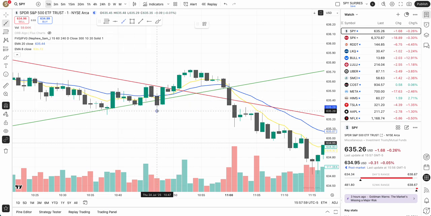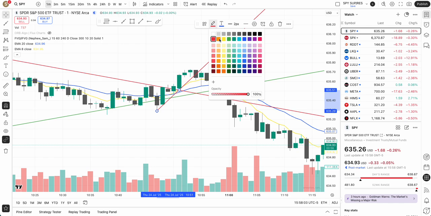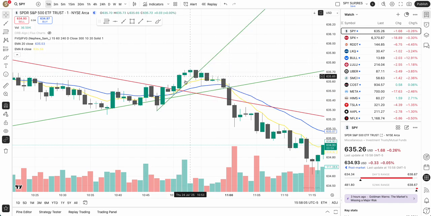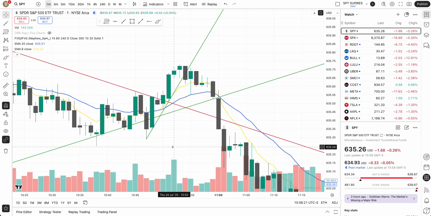You know what? Do we even need the trend lines for the entry? Oh no, yeah, we do. You do need to use the trend lines for the entry, because when it crosses here, it crosses on this black candle, and this could easily turn back around the other way to down.